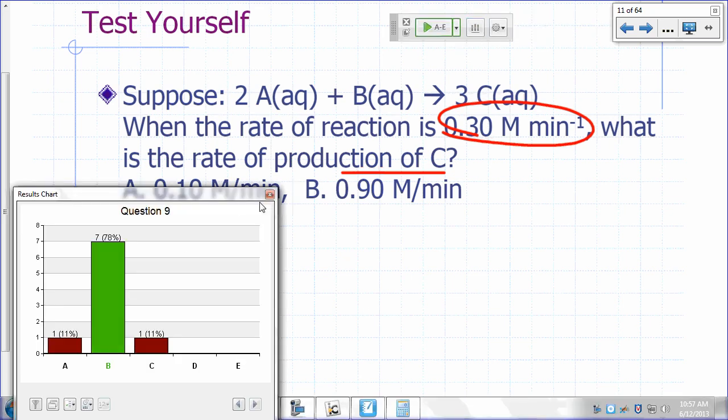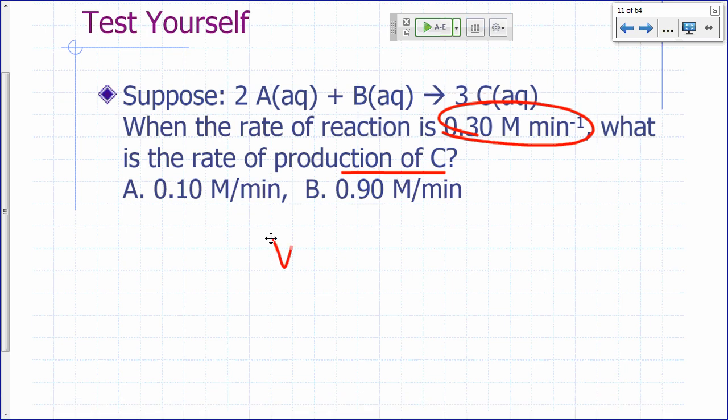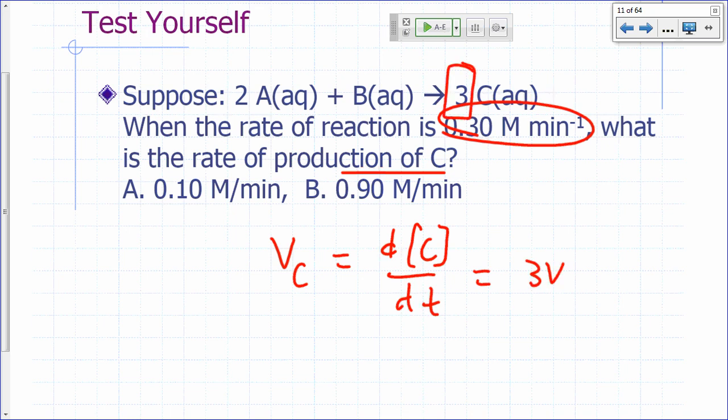Okay, 0.9. Very good. Because the rate of production of C, which is dC dt, is equal to 3 times the rate of the reaction. The coefficient of C is 3, so 3 times 0.30 moles per liter per minute, or 0.9.